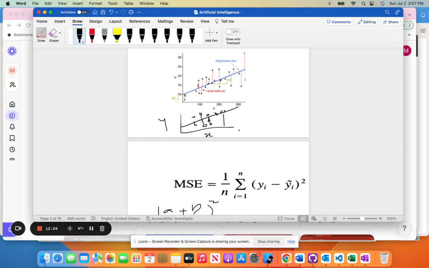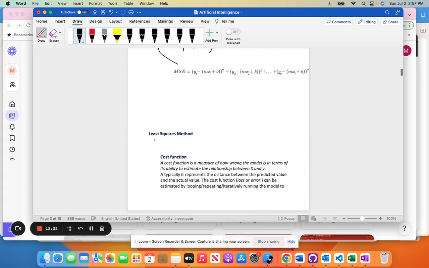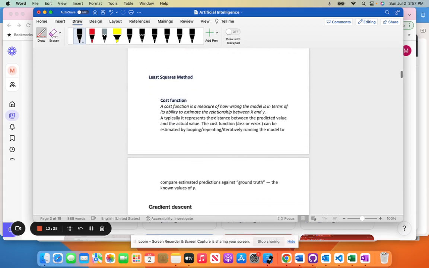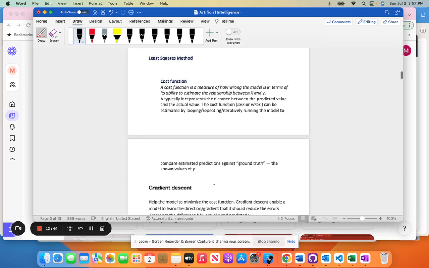Is our model predicting accurately, or is it predicting something wrong? For that we have to use some different approaches. There is the least square method, and there are two common terms: the first one, the cost function, and the second, gradient descent.